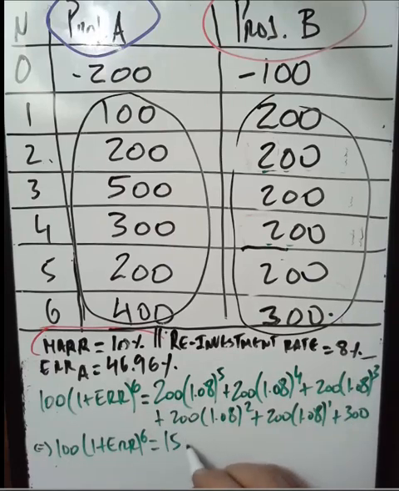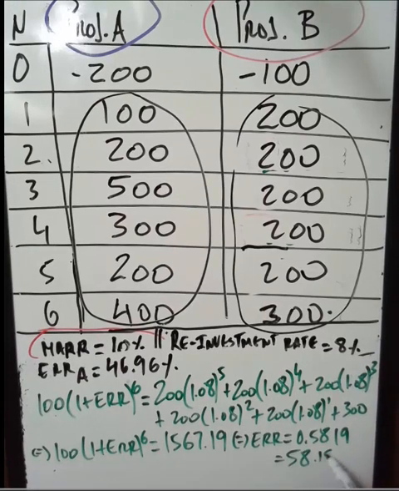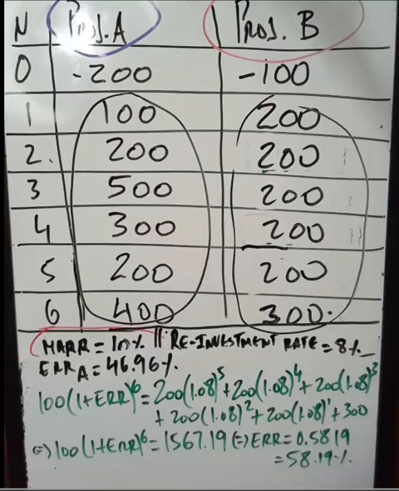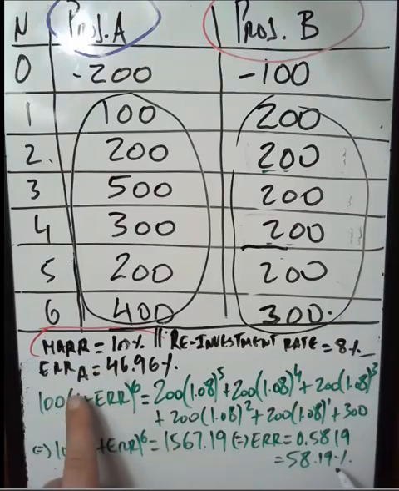The future value is 1567.19. So then you solve for the external rate of return and you would get 0.5819. The same is to say 58.19%. So better than the minimum acceptable rate of return and better than A.